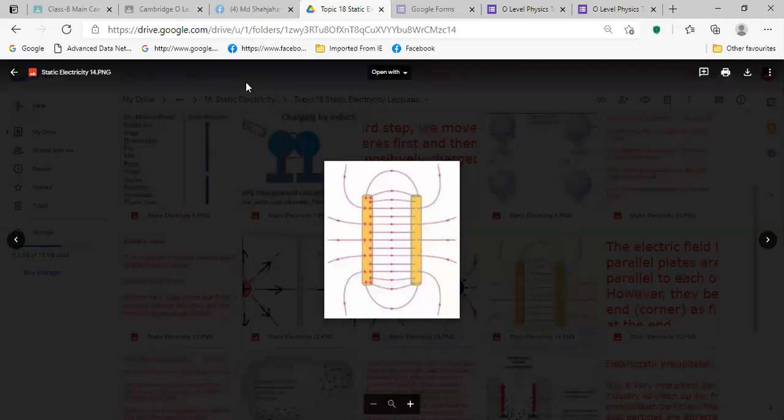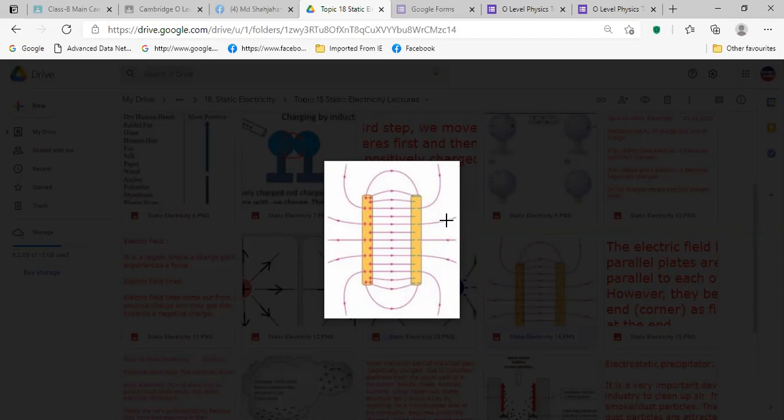You be very careful during drawing the lines and their direction. The direction of the lines always, for positive it will be outwards, and for negative it will be inwards.